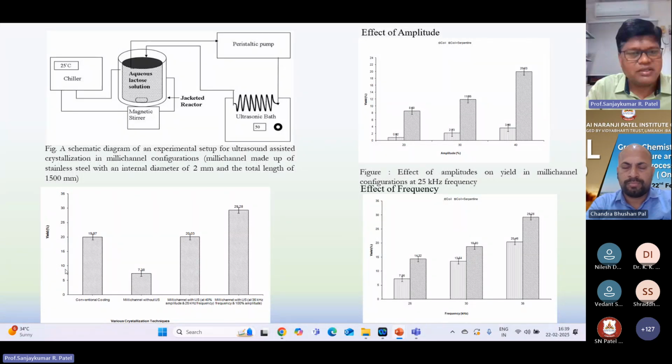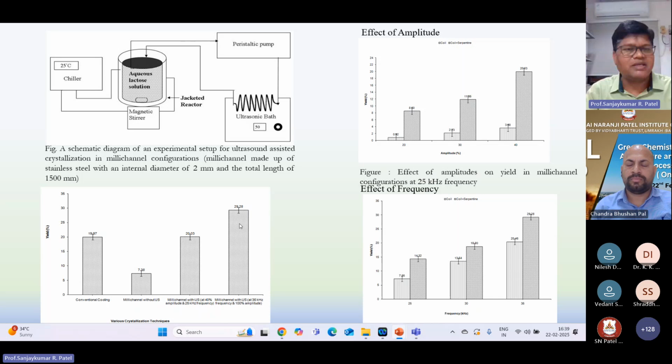But when the millichannel is combined with ultrasound, the recovery is around 7 times more, correct? Conventional cooling crystallization, however, gives more than the millichannel alone. But by combining the ultrasound, again we can have about a 10% increment in the yield.